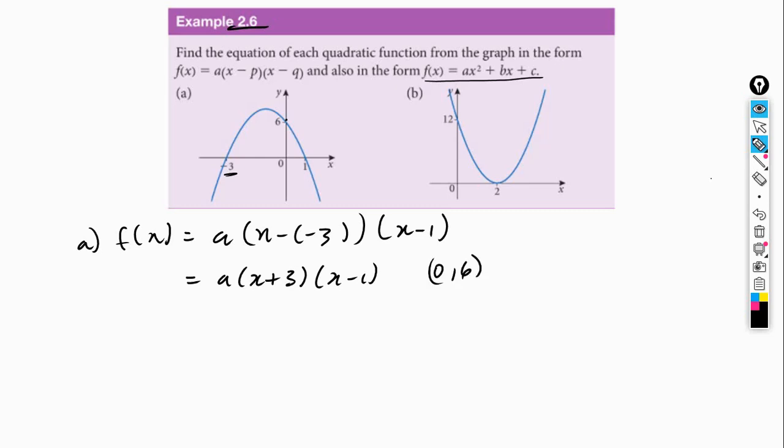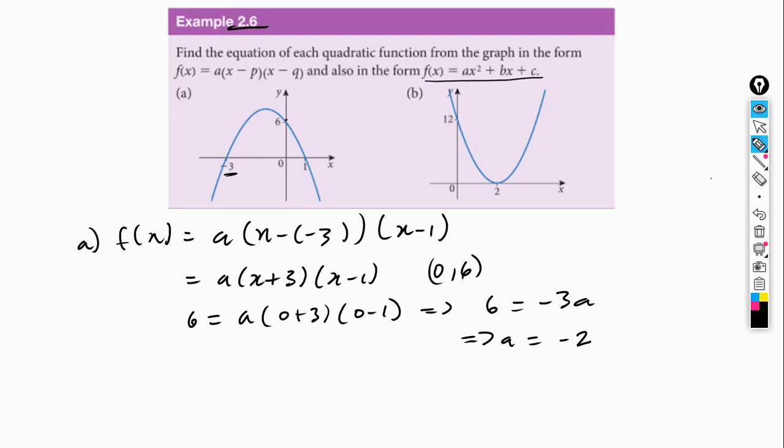So that means that when x is equal to 0, f of x is equal to 6. So 6 equals a times (0 plus 3) times (0 minus 1). And from here, we're going to get that 6 is equal to negative 3a. Therefore, a is equal to negative 2.